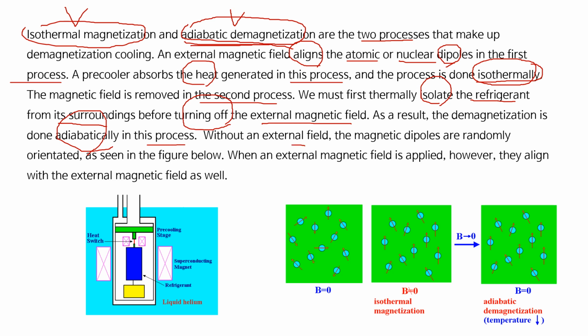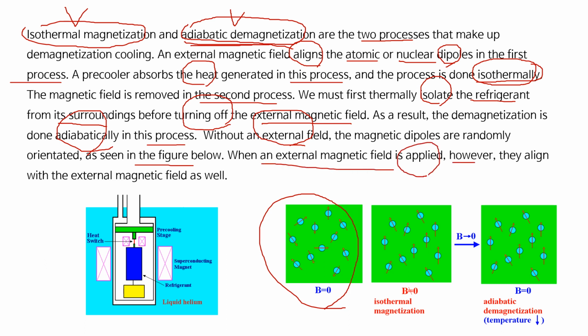Without an external field, the magnetic dipoles are randomly oriented as seen in the figure below. With B equal to 0, magnetic dipoles are oriented randomly. When an external magnetic field is applied, however, they align with the external magnetic field. So if we apply an external magnetic field, the dipoles are aligned.